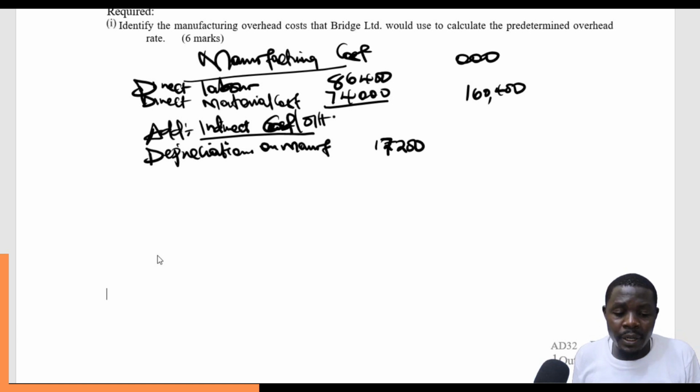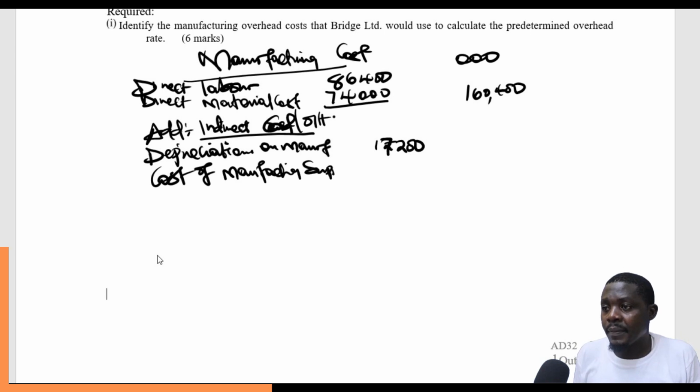Then we have cost of manufacturing supplies, which is 3,000.